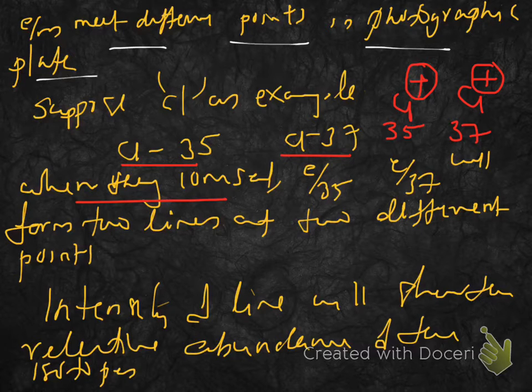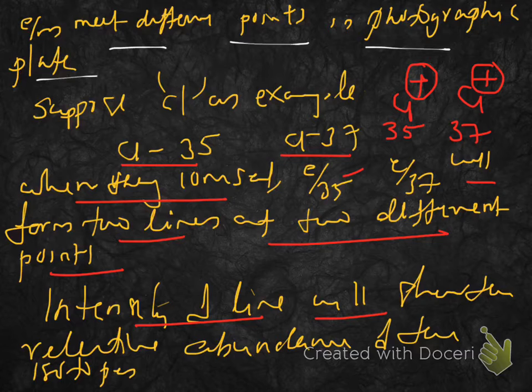So they both will form two lines at two different points in the photographic plate, and also the intensity of the line will vary with their relative abundance in nature. If the isotope is rich in the sample, it should have a more intense line. Those who have low abundance will form a line of low intensity.